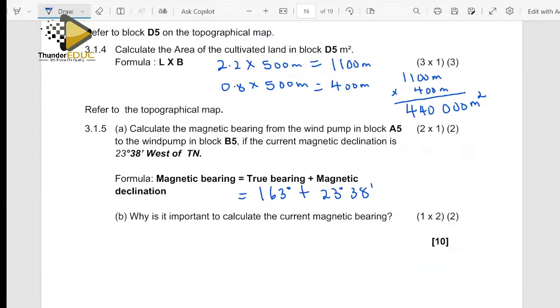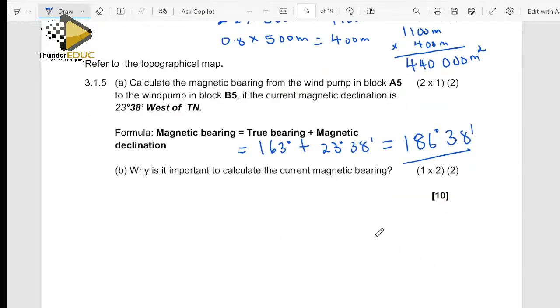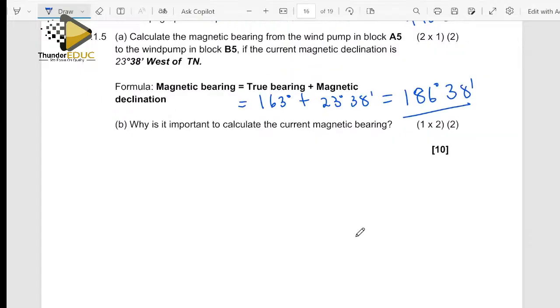If you add those two, they are going to give you 186 degrees and 38 minutes. So that qualifies to be our correct answer. It will partly depend on your accuracy of determining the true bearing from your protractor.